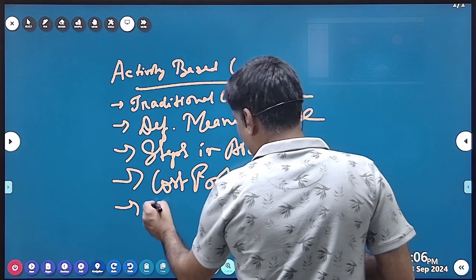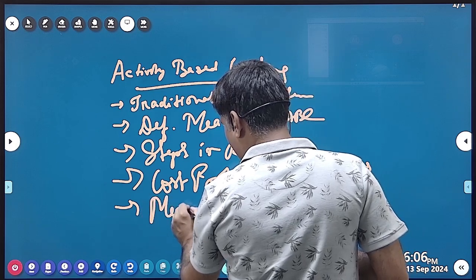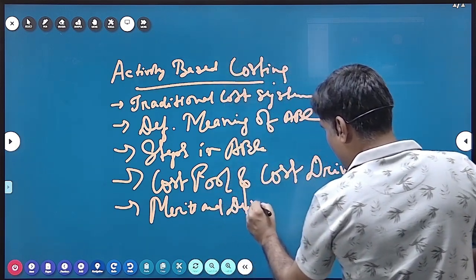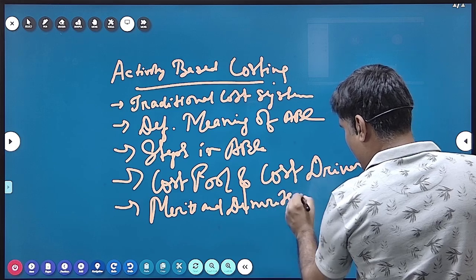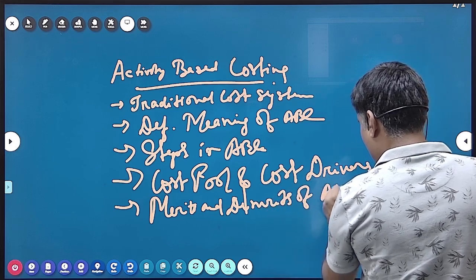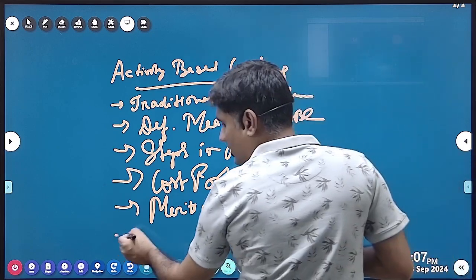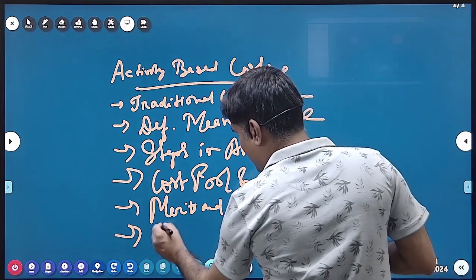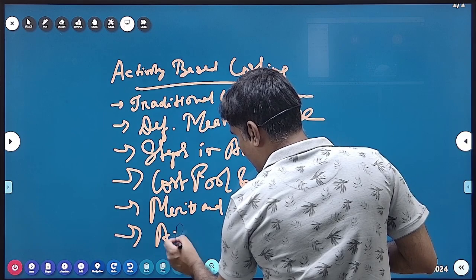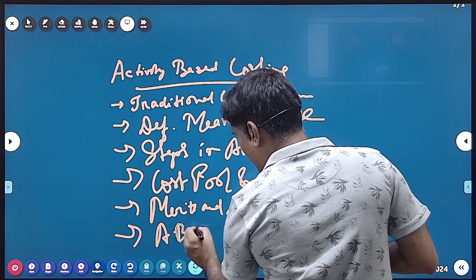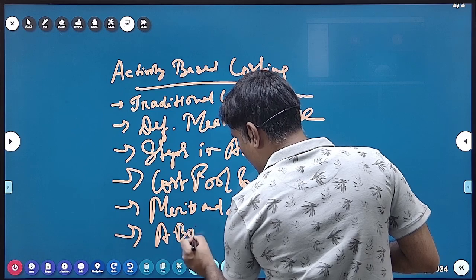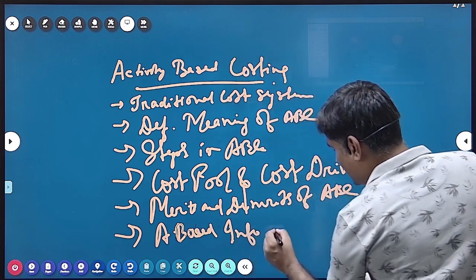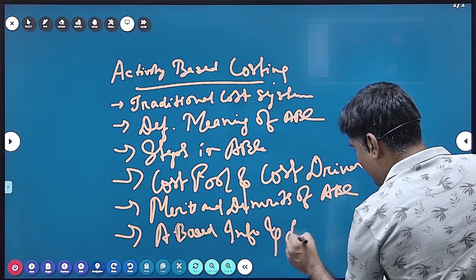Merits and demerits of ABC. Then activity based information and decision making.